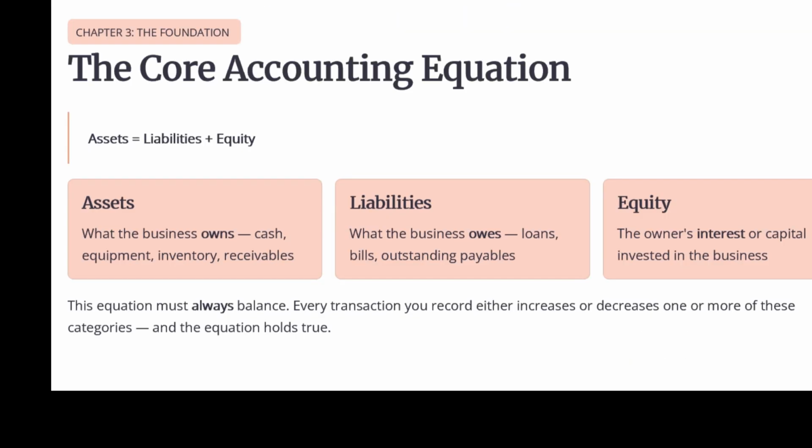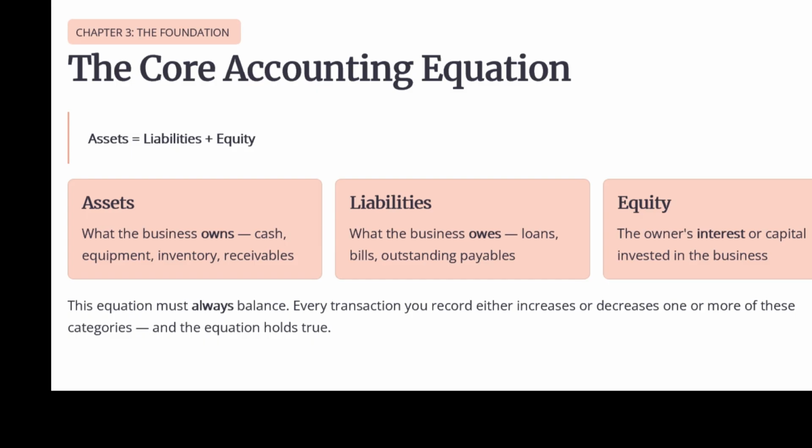The foundation, the core accounting equation. Everything in accounting comes back to this equation: assets equal liabilities plus equity. Assets are what the business owns. Liabilities are what it owes.